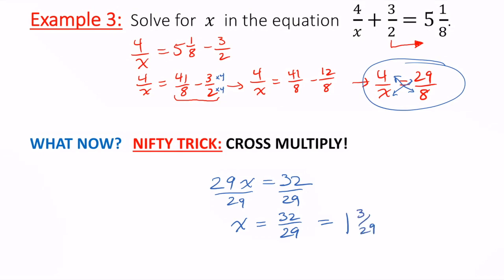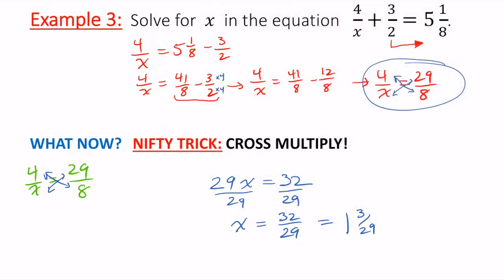So that's the answer to that. But before we go, I want to just repeat myself here. If you see a scenario like this that we had just seen, you can simply cross multiply as we had just done across that equal sign.